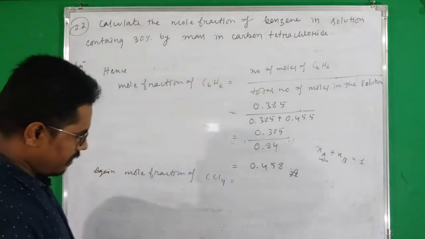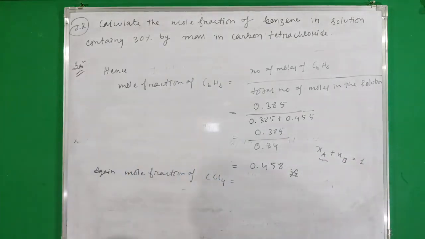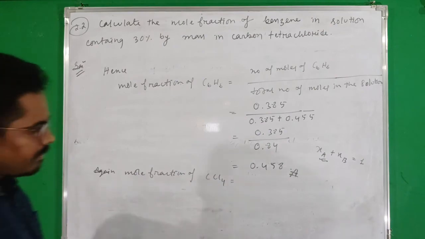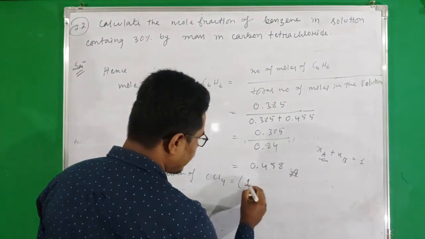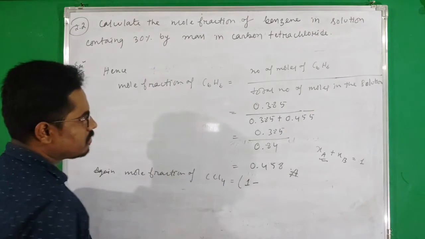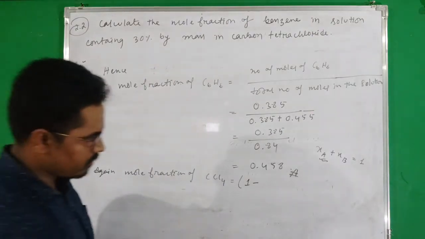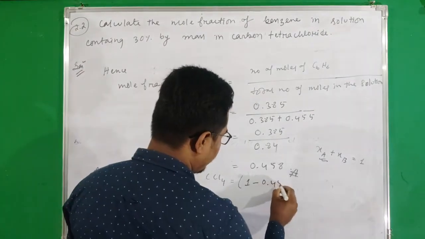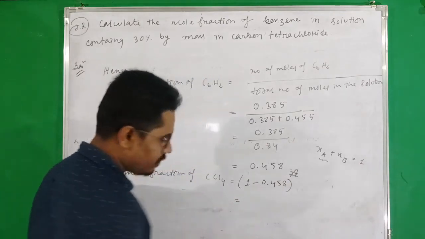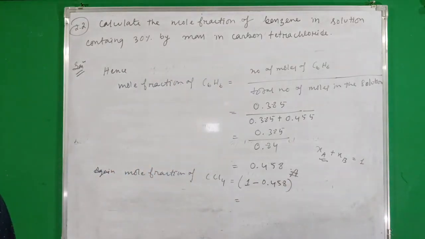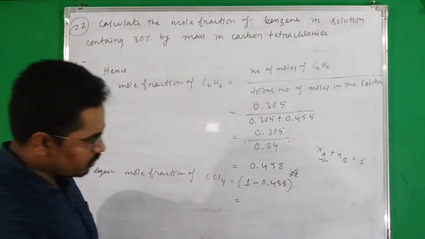So therefore, in this case, to get the mole fraction of carbon tetrachloride, we have to subtract the mole fraction of benzene from 1. So 1 minus 0.458 equal to 0.542.